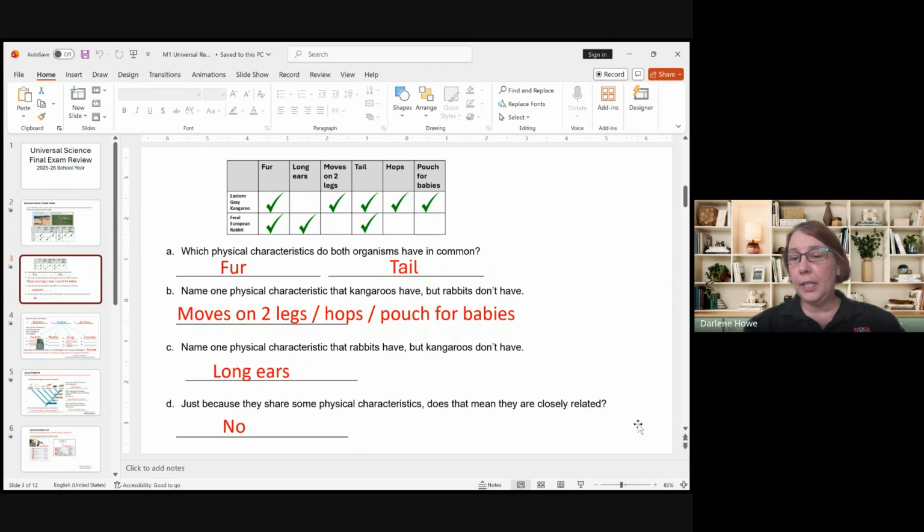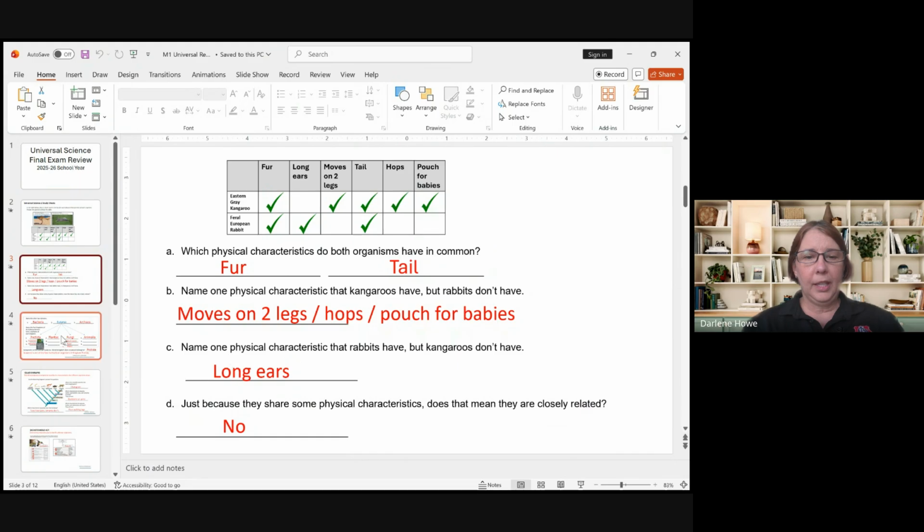So over the years, the classification of animals has changed a lot. They've had to move different animals because they found out through DNA testing that these animals are not closely related like we thought because they looked a lot like each other. They're actually more distant cousins to each other. All right.